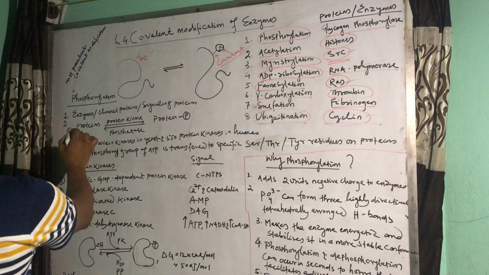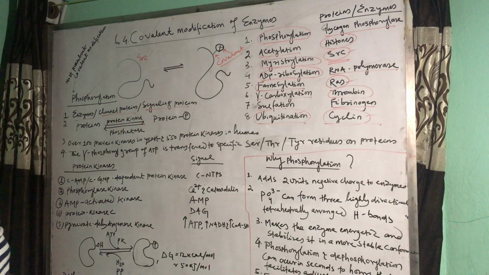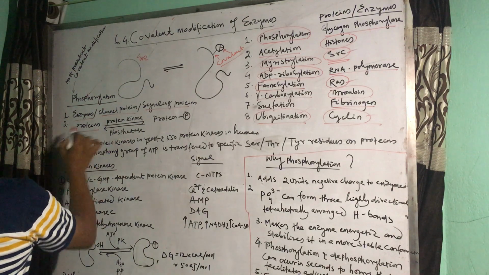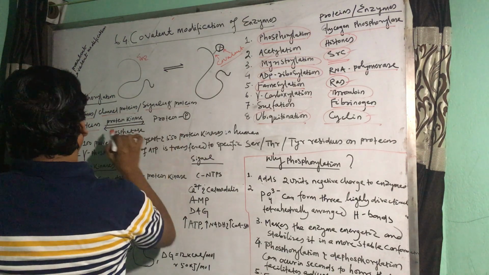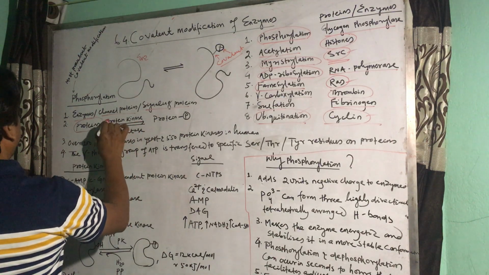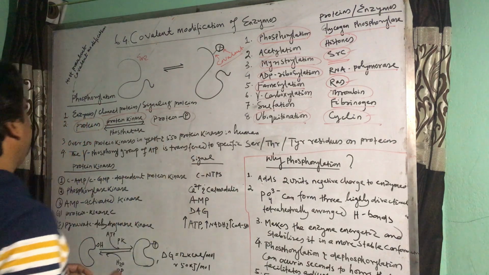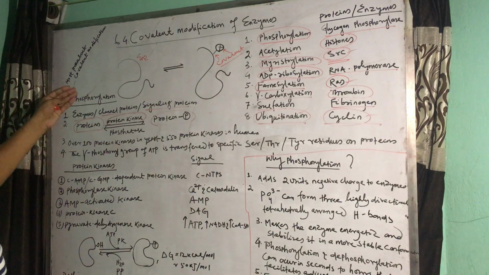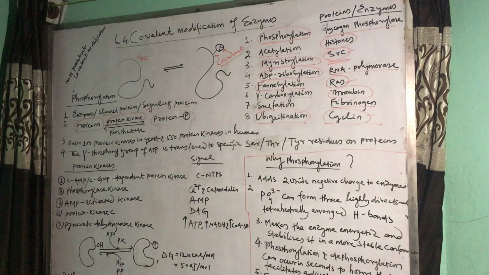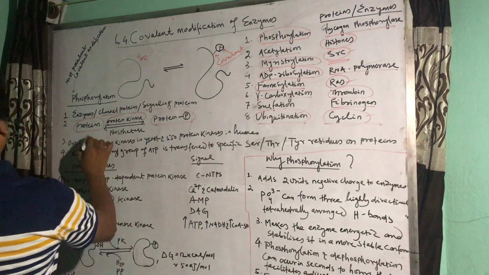Enzymes, channel proteins and many signaling proteins are activated by phosphorylation, and the phosphorylation of proteins is facilitated by a protein kinase. A protein kinase transfers a phosphoryl group from ATP to the protein.